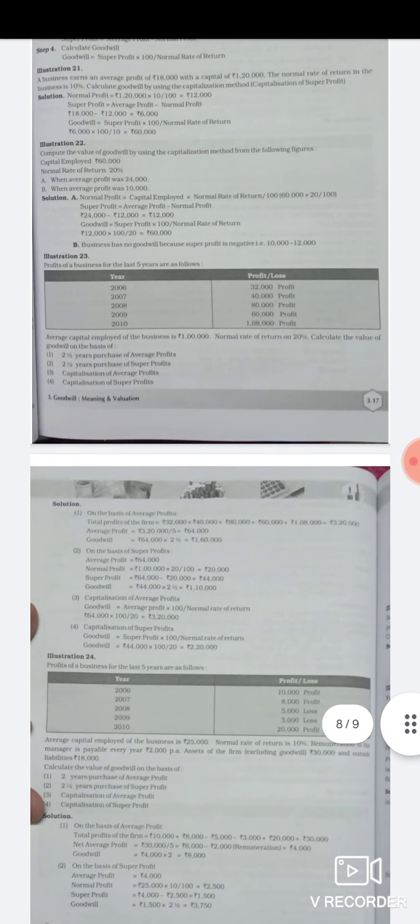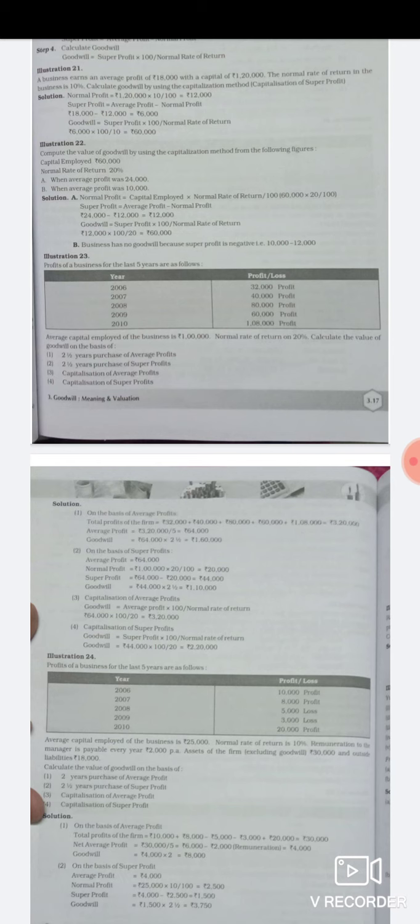There are 4 methods: the first is the average profit method at 2.5 years purchase, then the super profit method, capitalization of average profit method, and capitalization of super profit method. It's a very simple sum. So with the 4 methods we have to calculate the value of goodwill.